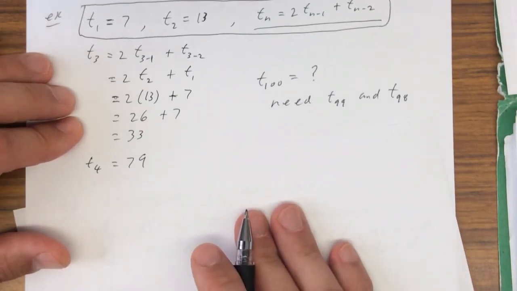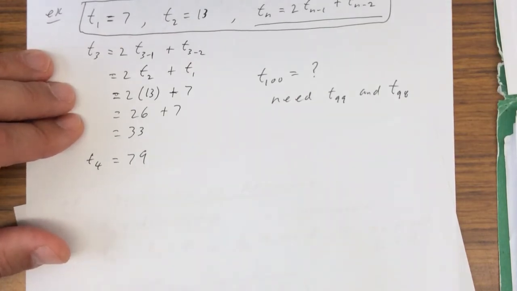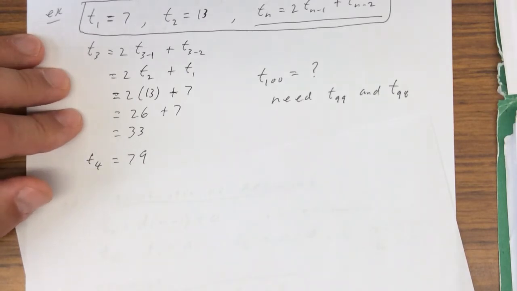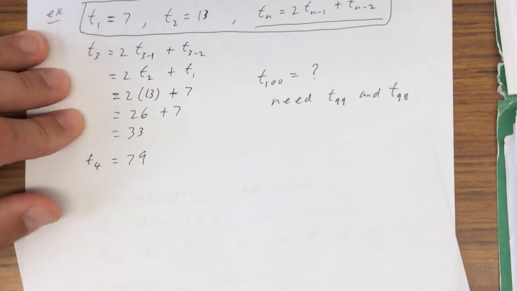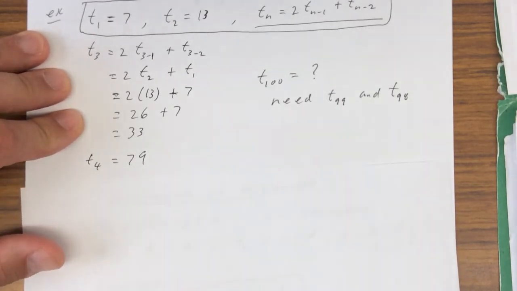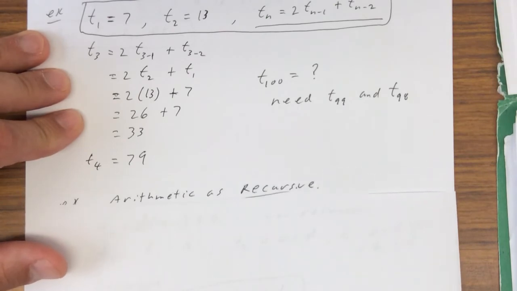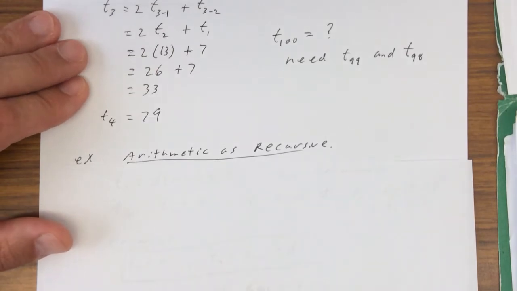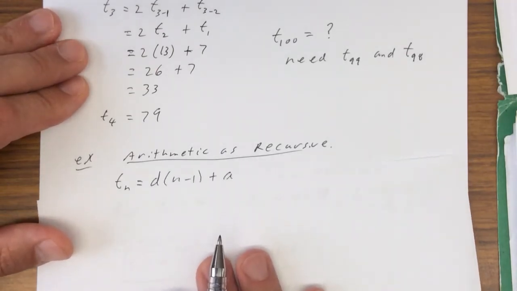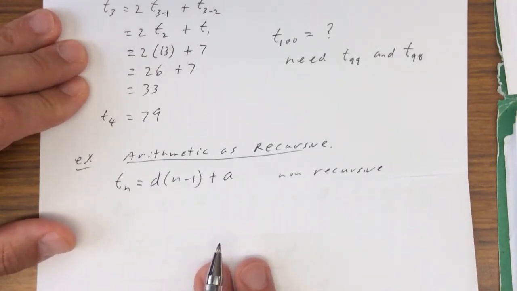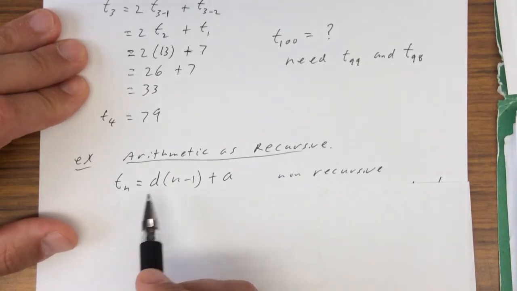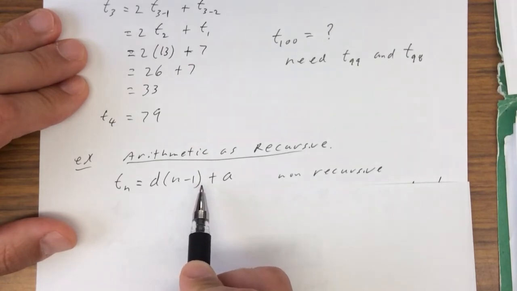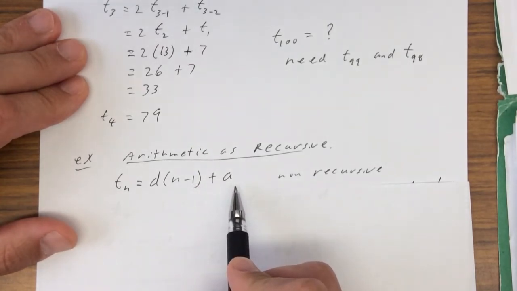Now, the two sequences that we've looked at so far, arithmetic and geometric, they also have a recursive definition. And it's fairly simple, so let's take a look at the arithmetic one. This is the non-recursive formula: tn equals the common difference times n minus 1, plus a.